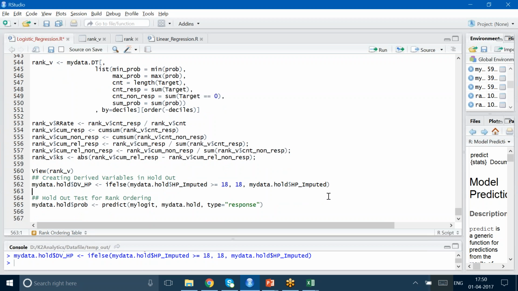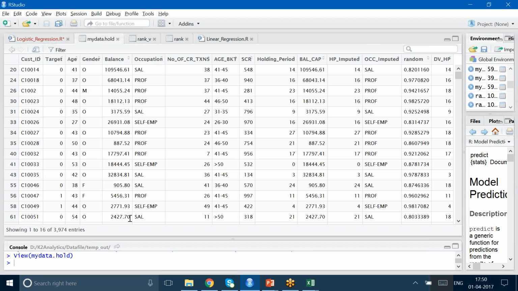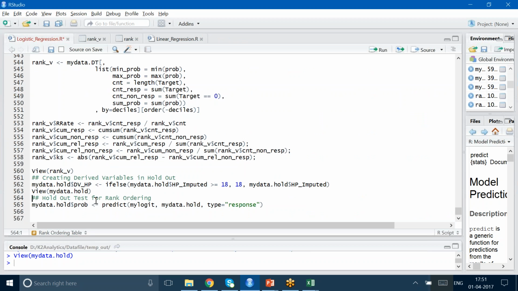Okay. Let me view the data also. The objective of viewing is just to ensure these values are properly created. Now let me run this.